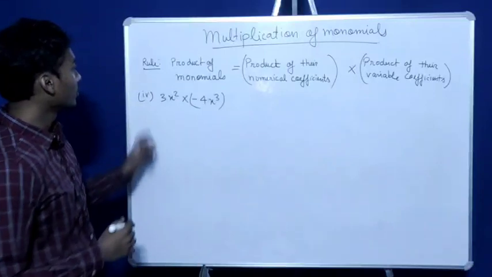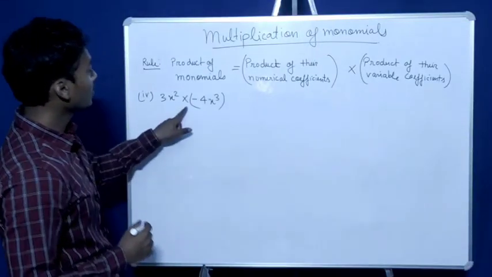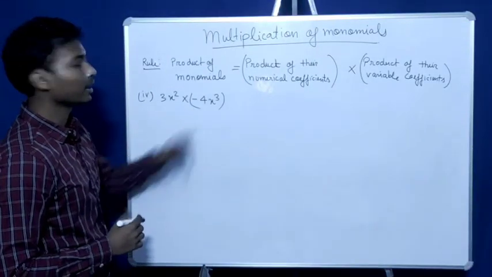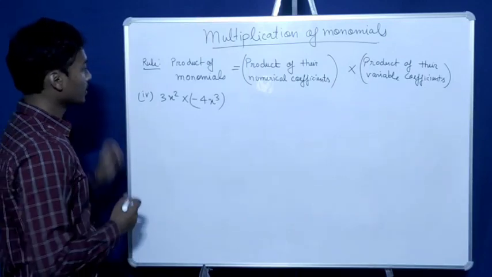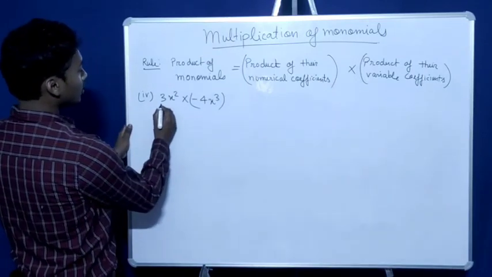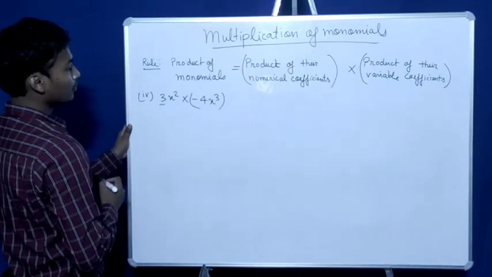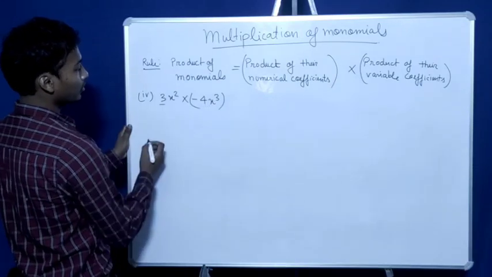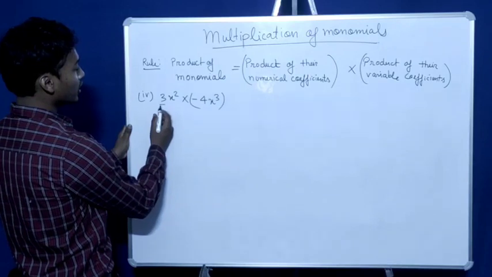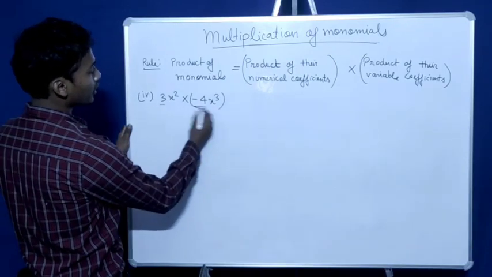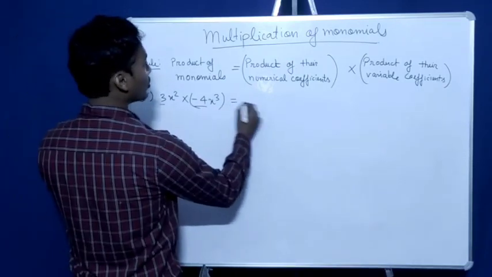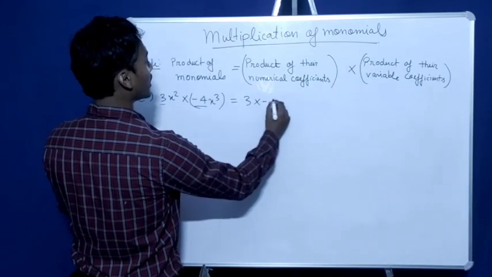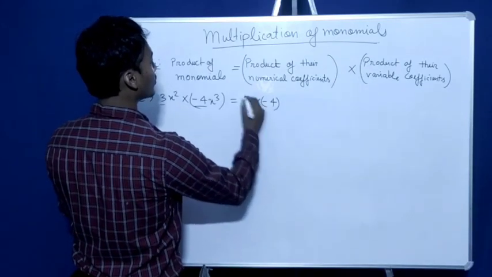Next, 3x square into negative 4x cube. So here we have a positive term and here we have a negative term. So the numerical coefficient is 3 and the numerical coefficient here is negative 4. So 3 times negative 4.